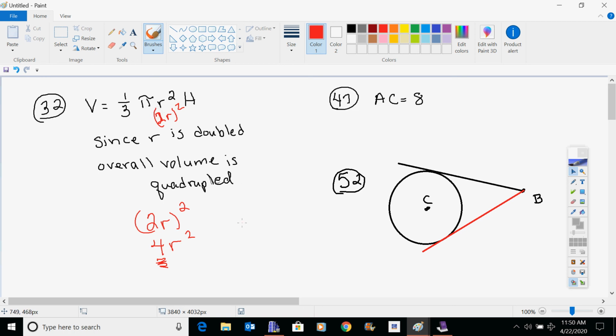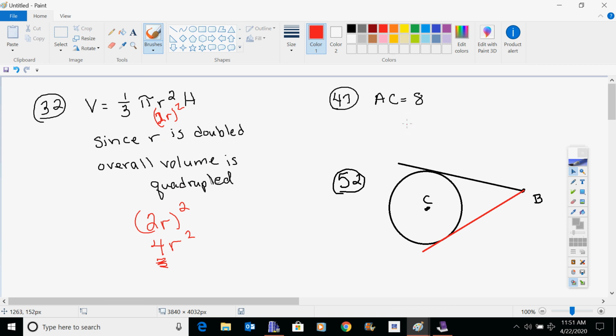And if you needed to convince yourself, you could give yourself a couple of examples with numbers in there for R, and you will always find that the total volume turns out to be 4 times as much, because the only difference in the formulas is that this is now 4 times the original R squared before it got doubled.